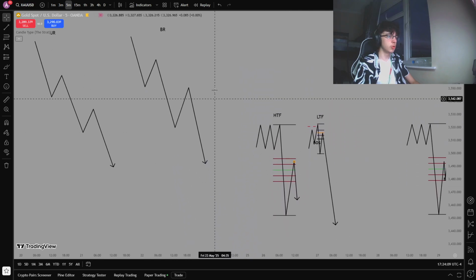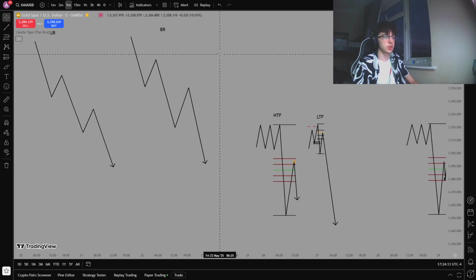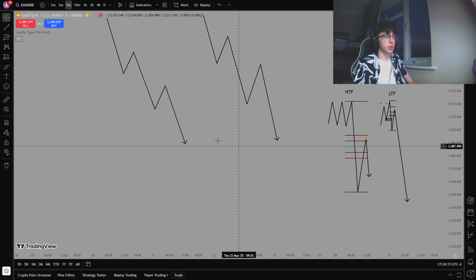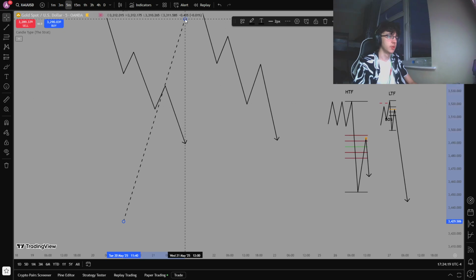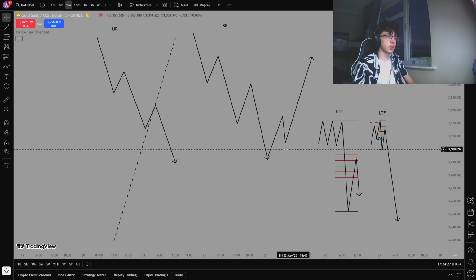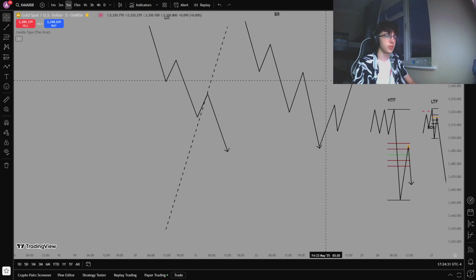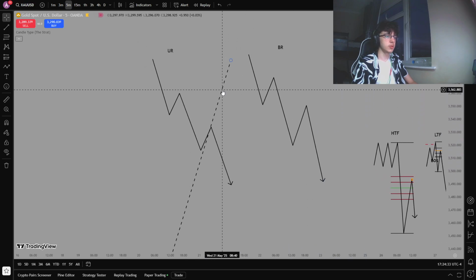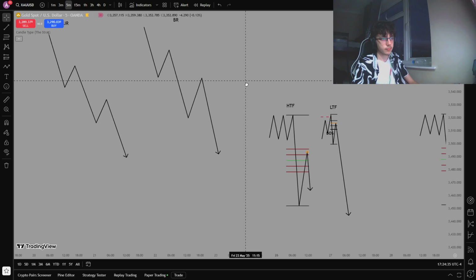Normally you would not see a retrace higher, you would just keep seeing distribution lower until we balance some higher time frame range. For example, if we had a high time frame equilibrium that has not been touched, which is here, we'd see it touch into that equilibrium, and we'd see something like this where we move higher, touch into equilibrium, and carry on moving higher. But we'll get to that in a different video.